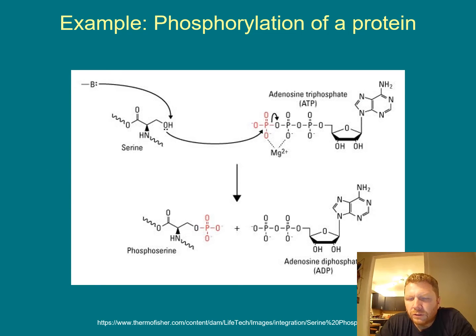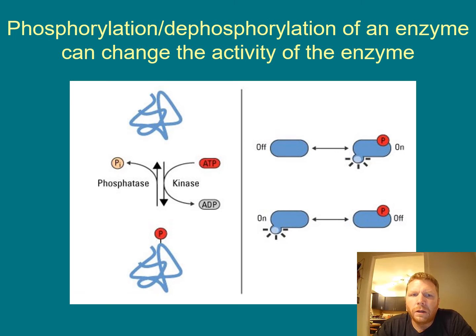Those are pretty much your most common targets of phosphorylation. Now, how does that phosphorylation take place? Well, it needs a donor, something like adenosine triphosphate. You give up that phosphate group, form phosphoserine, and have adenosine diphosphate, an ADP molecule, left over. Phosphorylation and dephosphorylation of an enzyme can change the activity of that enzyme.